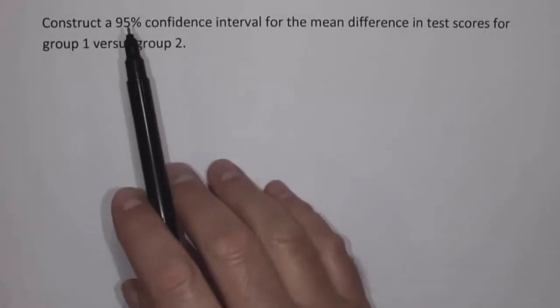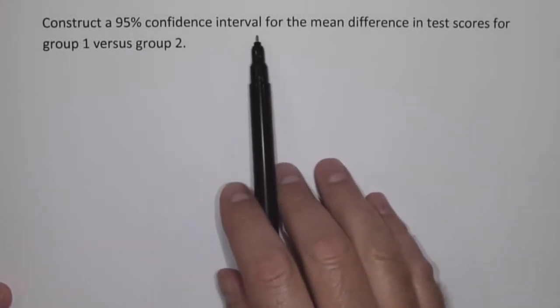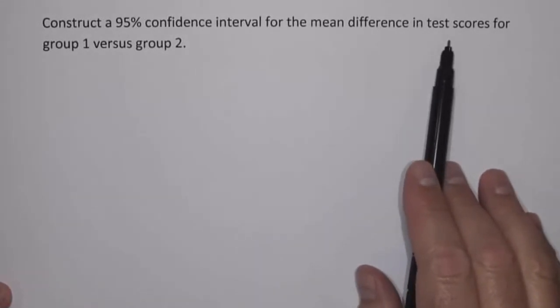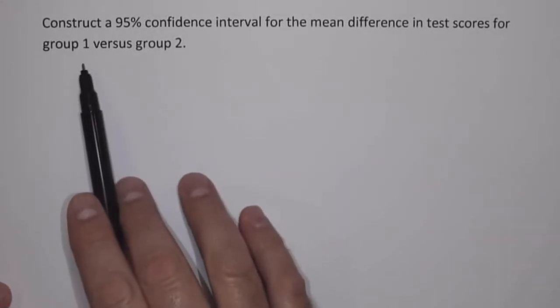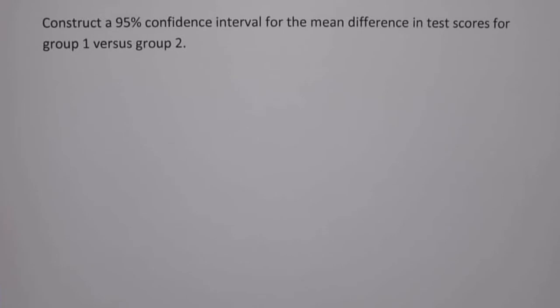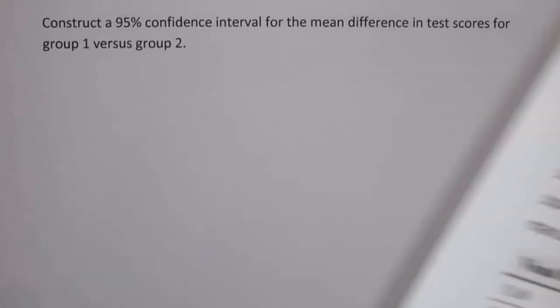We're supposed to construct a 95% confidence interval for the mean difference in test scores for Group 1 versus Group 2. So we need to find a 95% confidence interval for this set of data.